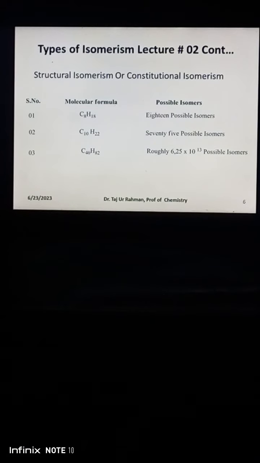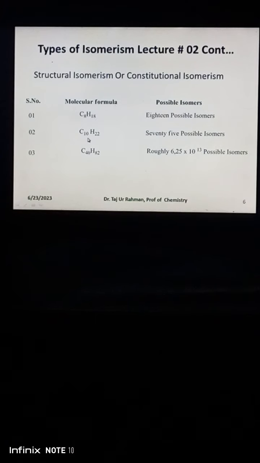It may be noted that larger the number of carbon atoms in a molecule, greater will be the number of its isomers. For example, this is an alkane with molecular formula C8H18, and it has 18 possible isomers.